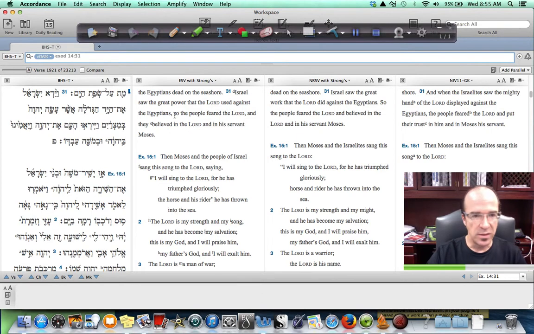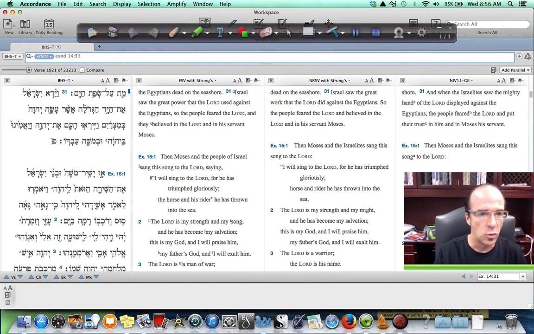Now, this also would probably carry over to the next Vav consecutive or past narrative that we're going to have, the word that's "believed" here, because we kind of have a compound for the rest of this sentence. So it's "they feared the Lord and believed in Yahweh." So that "so" really kind of governs both of them, in the sense that these are both consequences of the fact that Israel saw the great power of the Lord.